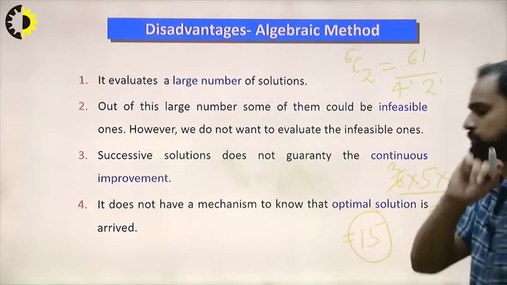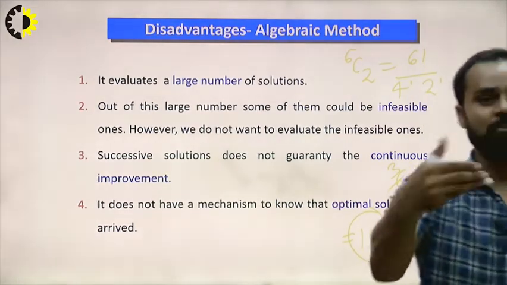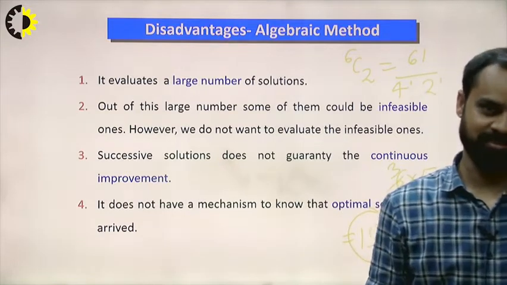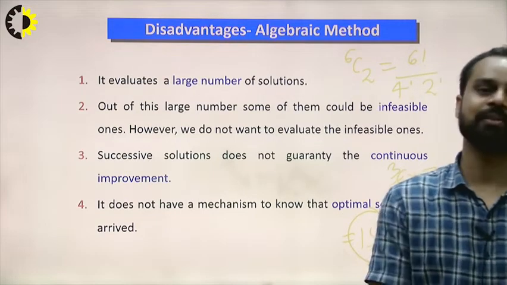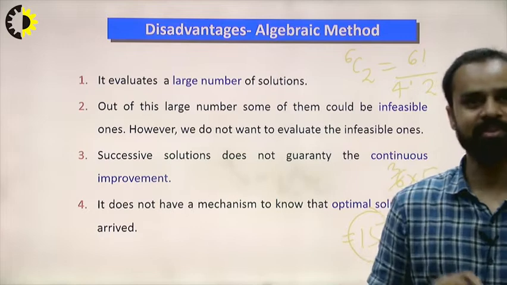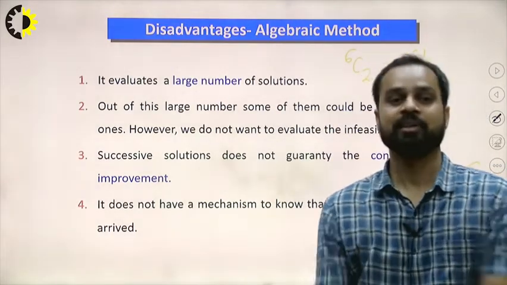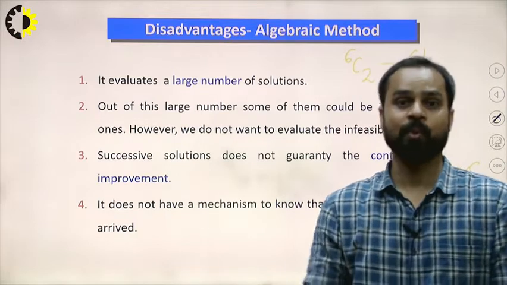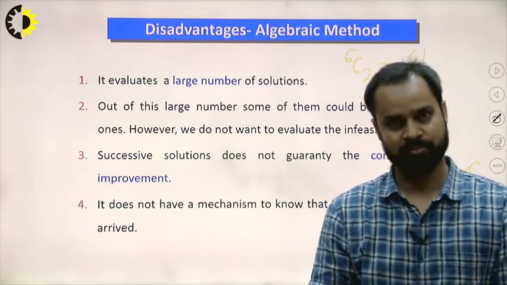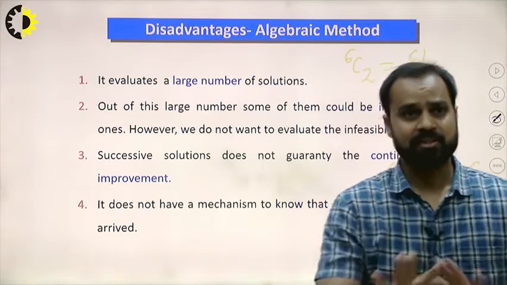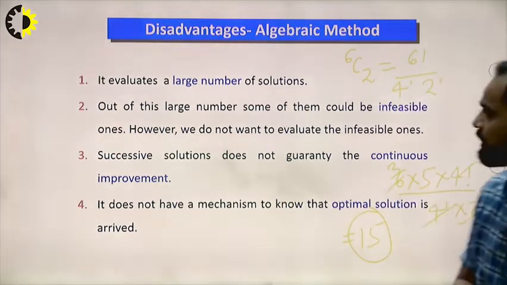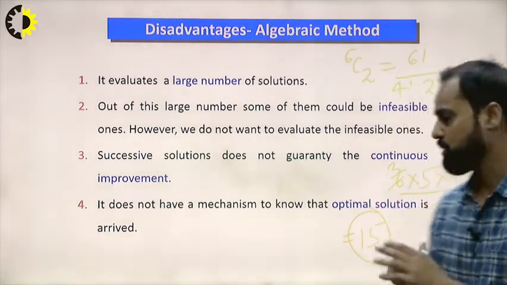That is 15. We have 15 possible combinations. Unless we solve all 15 combinations of the problem, we are unable to stop, even if we have already calculated the optimal solution. So these are the disadvantages of this method, that's why it is not very popular.